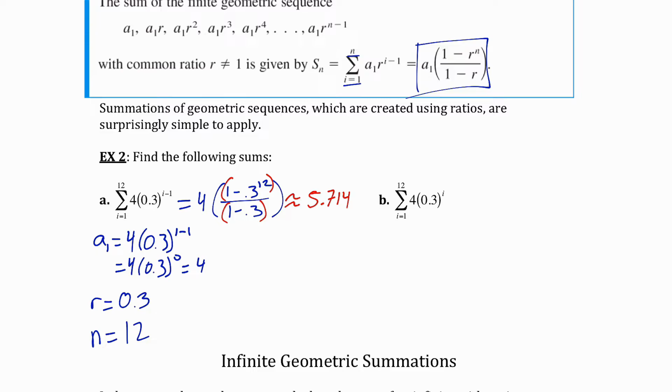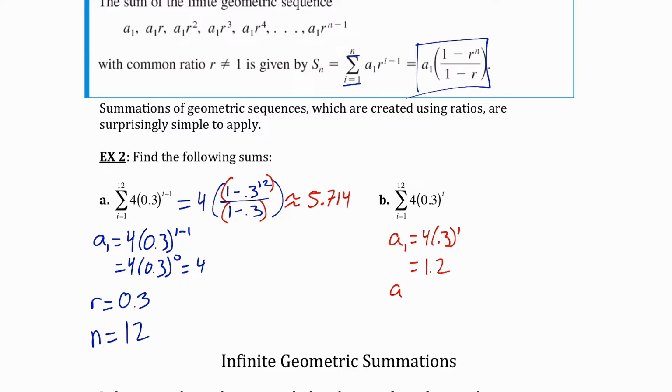Now we have a similar problem off to the right. The only thing that's different is the exponent is just i. It doesn't have an i minus 1. Curious. So we're going to find our first term again. We'll do 4 times 0.3 to the first power, which is 4 times 0.3, which is 1.2.